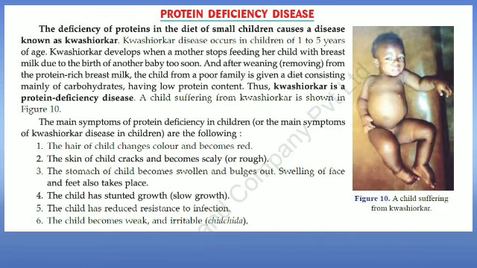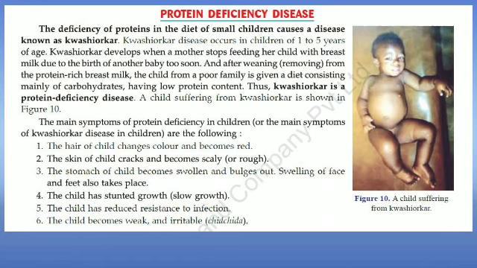So this disease is caused due to lack of proteins in the diet. Kwashiorkor occurs in children of 1 to 5 years of age. So the age at which kwashiorkor may occur is between 1 to 5 years. Understand, children?